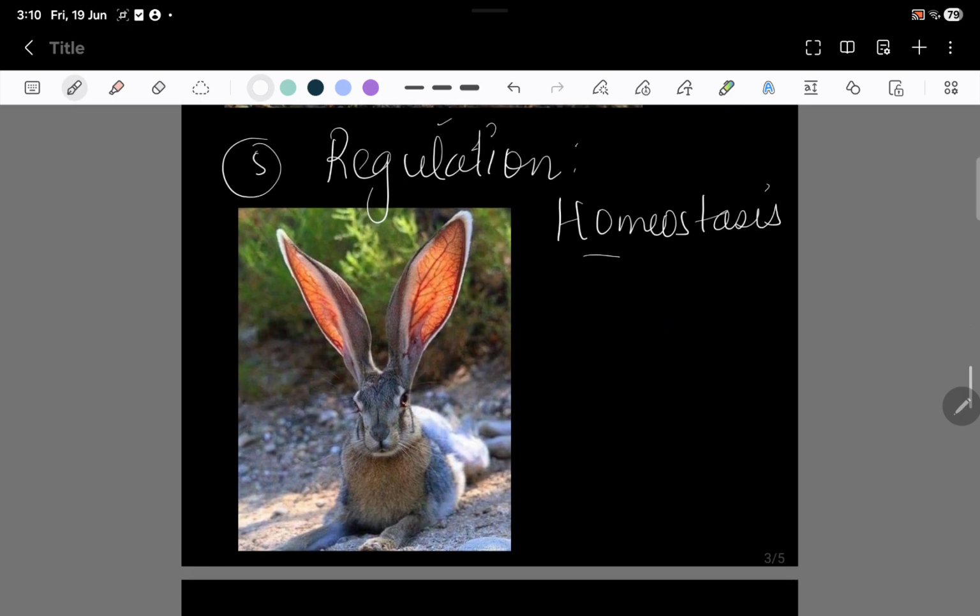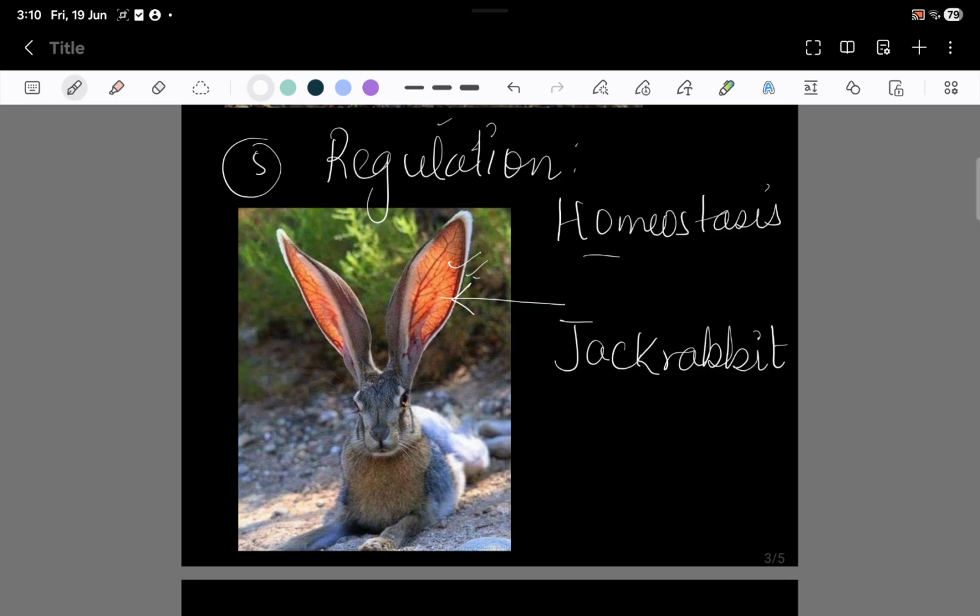For example, you can see this jackrabbit's ears. This is a jackrabbit. You can see how long the ears are and how highly vascular the ears are. The body heat is transferred to the ears and it radiates out, helping in cooling the organism.